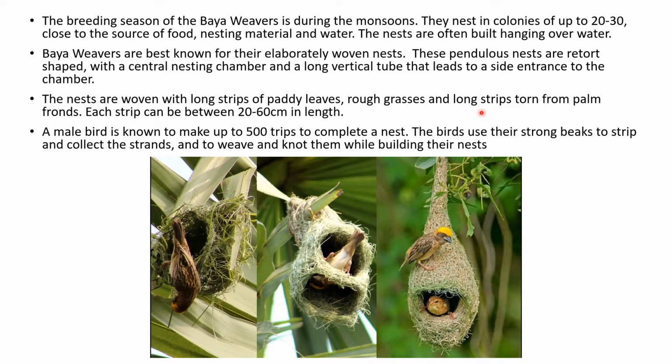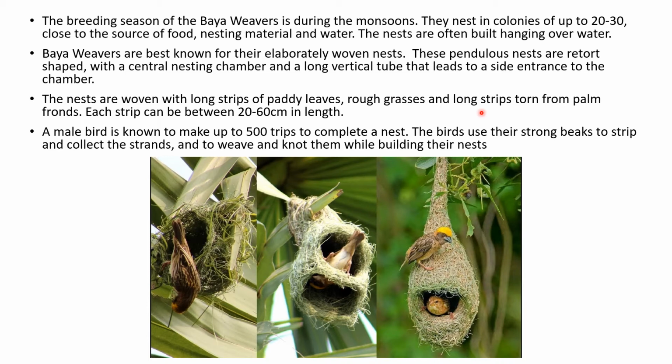The nests are woven with long strips of paddy leaves, rough grasses, and long strips torn from palm fronds. Each strip can be between 20 to 60 centimeters in length. A male bird is known to make up to 500 trips to complete a nest.